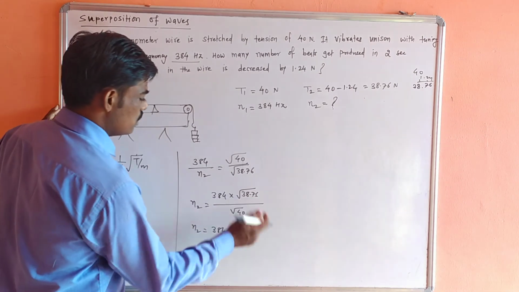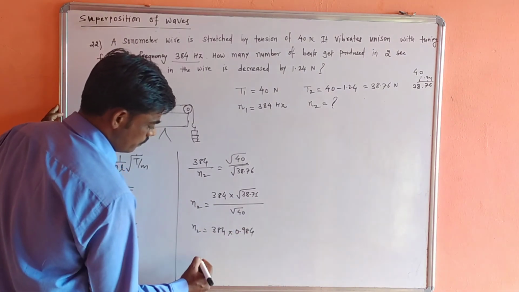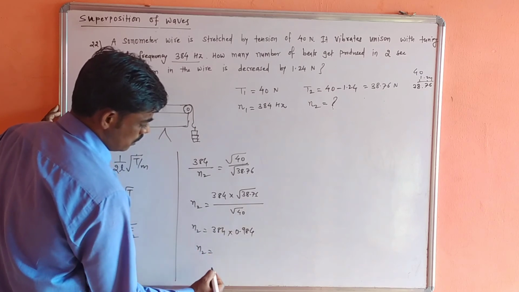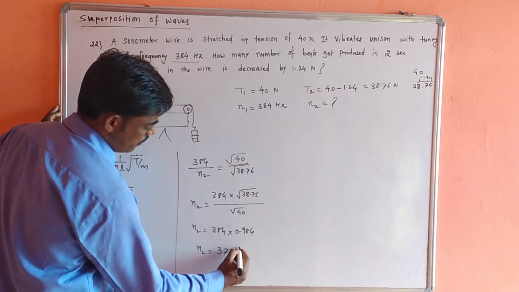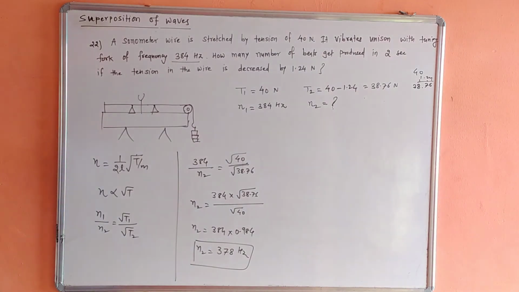This calculation is approximately 0.984 multiplied by 384. It is near about 378 Hertz. This is the second frequency, and the first frequency is 384 Hertz.